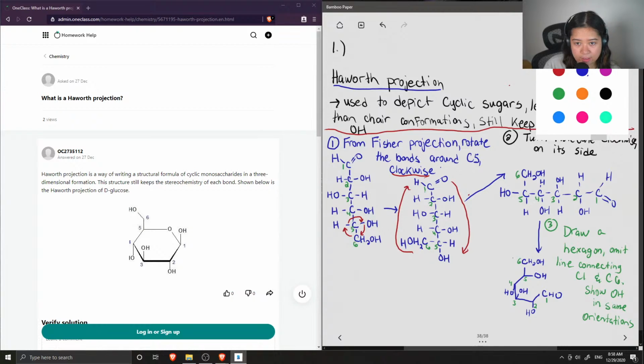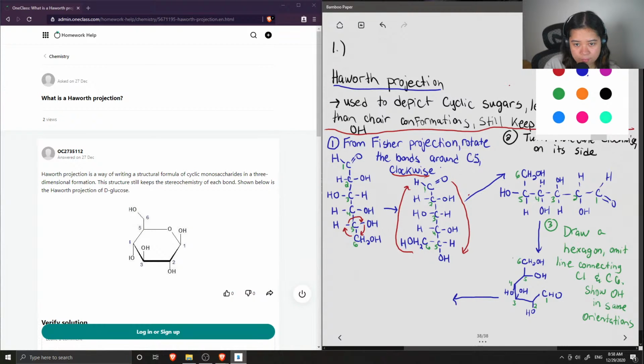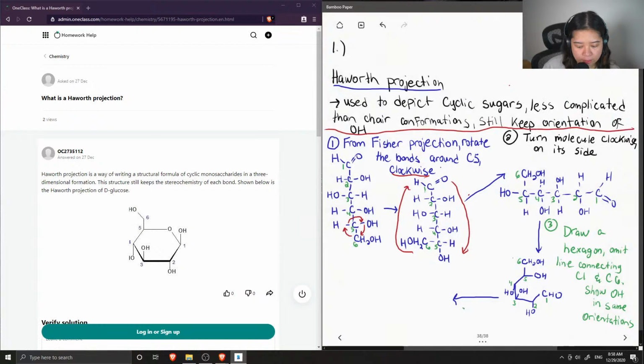I'll do that in the next step, which is just to connect the alcohol group on carbon 5 with carbon 1.